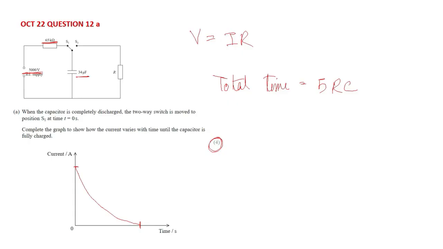Let's see what the value gives me. So the value is around 11 seconds. 5RC gives you 11 seconds. Always remember, when a capacitor charges up or discharges through a resistor, the total time of charging or discharging is always 5RC. And of course, you have to mark the value of current here as well using V equals IR.